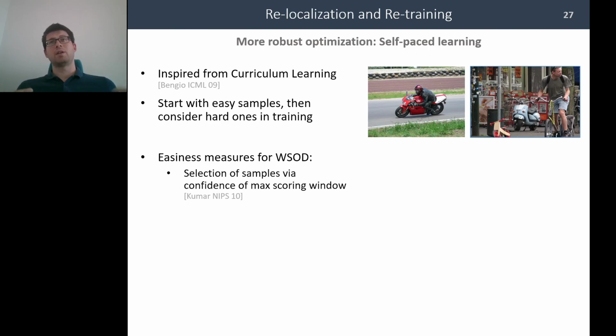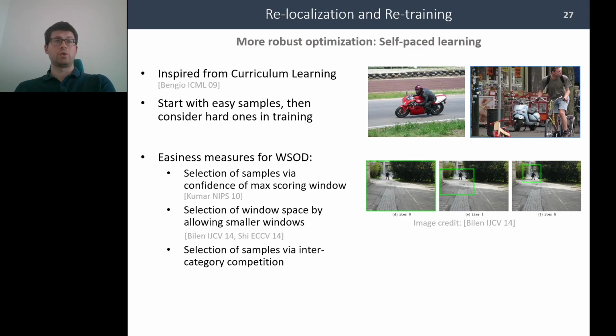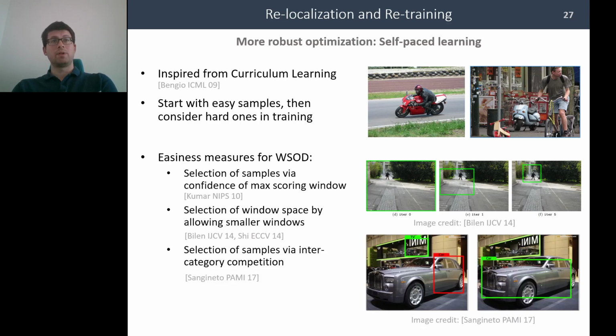The problem here is how do we define the easiness and difficulty level? What Kumar did is check the confidence or score for each window, and start with the high scoring ones and move to the lower ones. This has also been shown for different measures of difficulty or easiness.